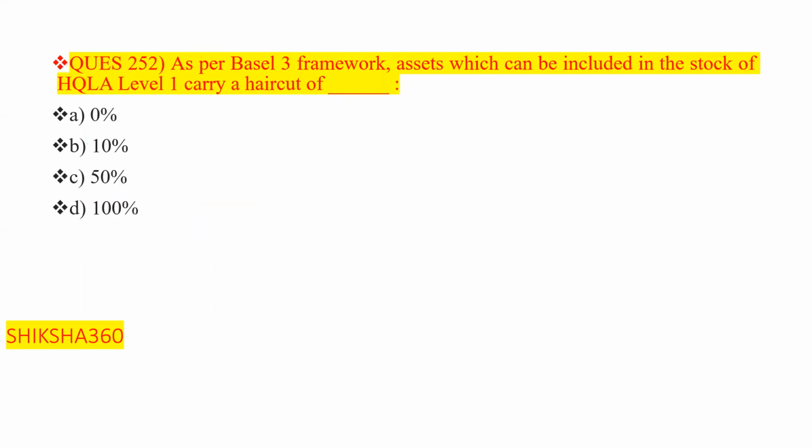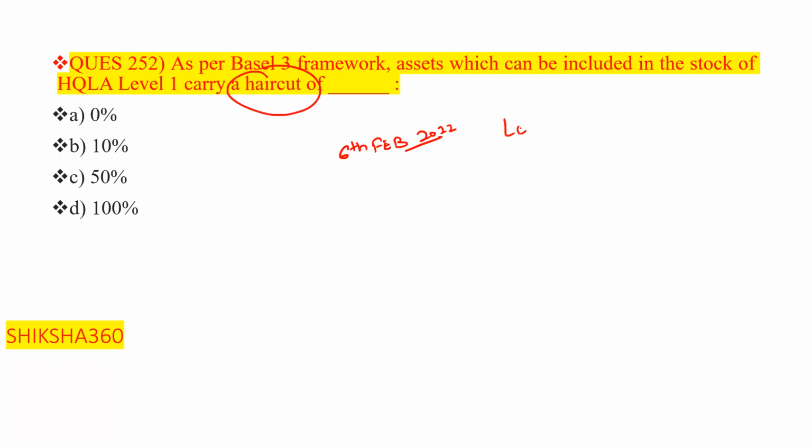Now move to question number 252. Very, very important. That is regarding the haircut also. In the examination, they will ask questions on the basis of the haircut also. This year, on 6th of February 2022, the BFM exam was held, and in that also they asked a question on the haircut.